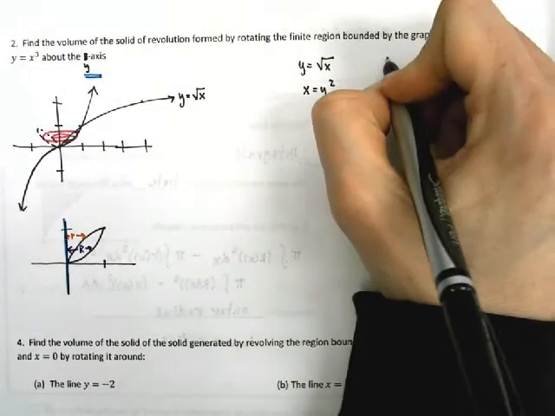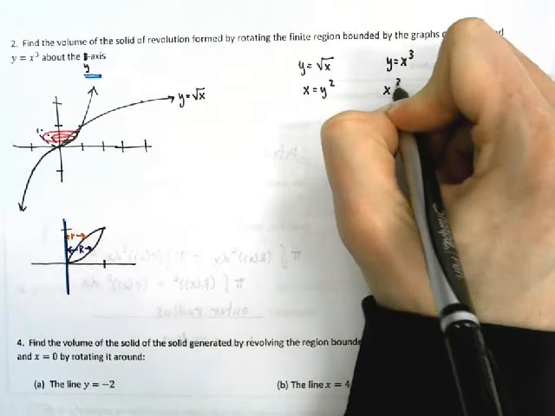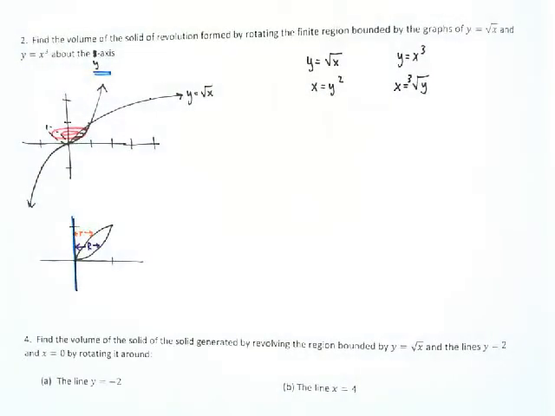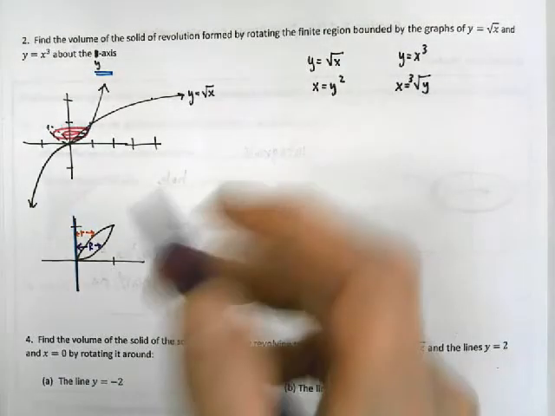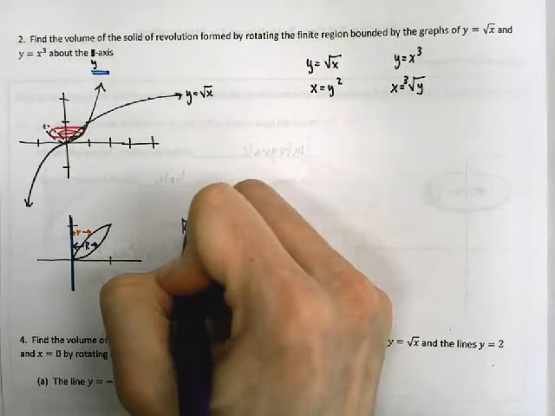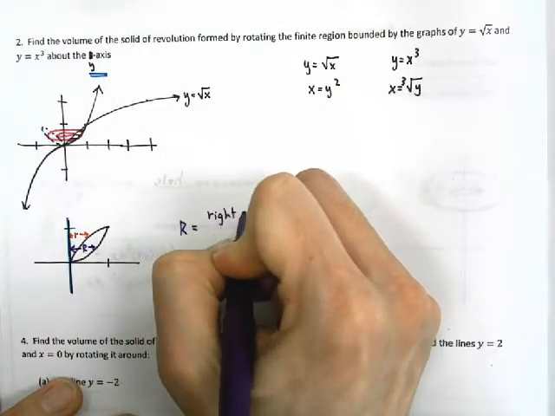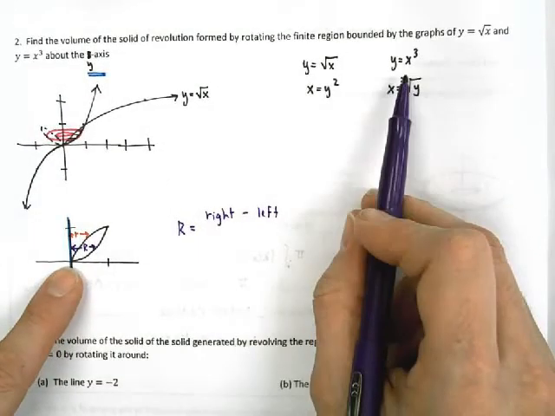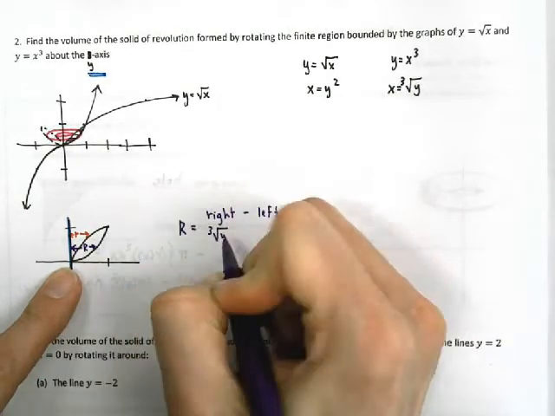And then for my other one, I have y equals x cubed. So x is just going to be the cube root of y. So now for my big R, right, now we're doing right minus left. Well, my right was my x cubed, so my right is going to be my cube root of y.